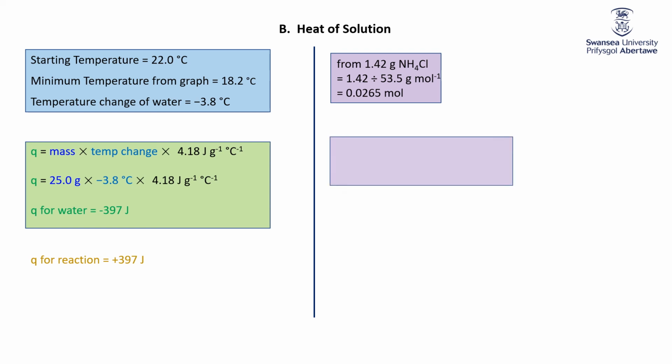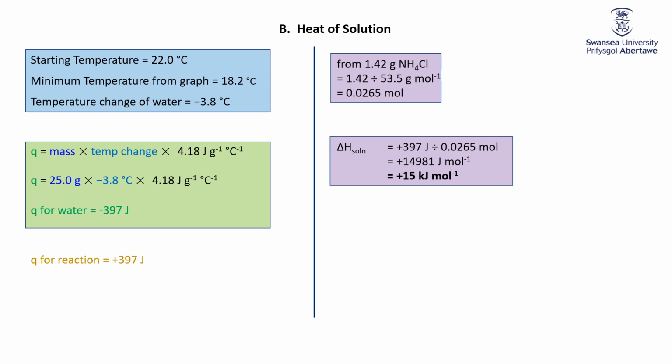Then finally, 0.0265 moles had a heat change of plus 397. So to get the delta H of solution, we want it as joules per mole. So joules divided by the moles equals plus 14,981 joules per mole. Divide that by 1,000 to get it to a more realistic precision, and it's about 15 kilojoules per mole.